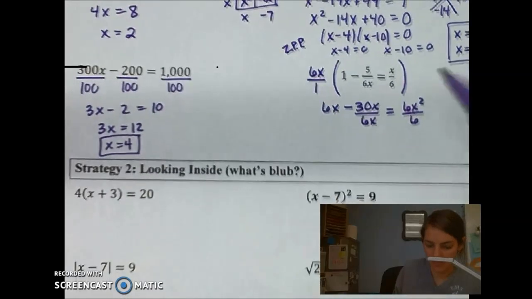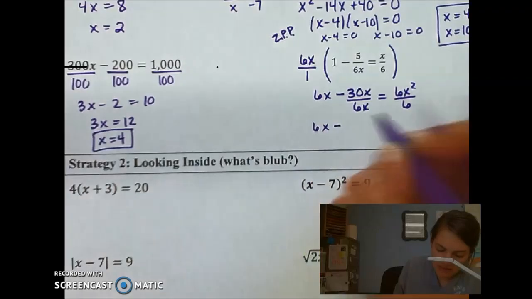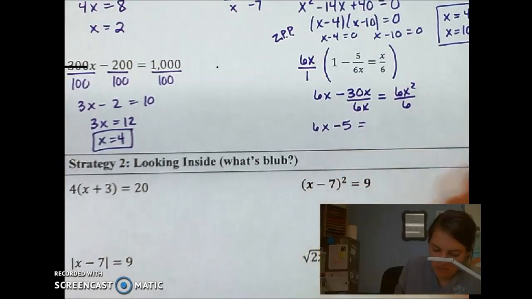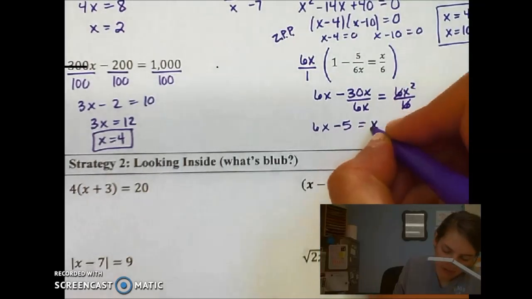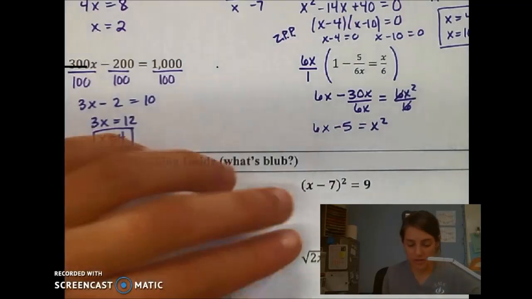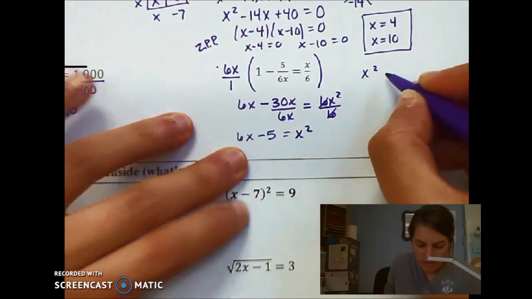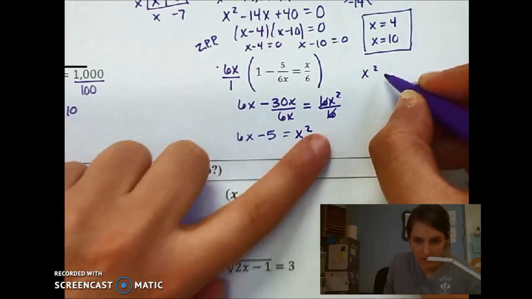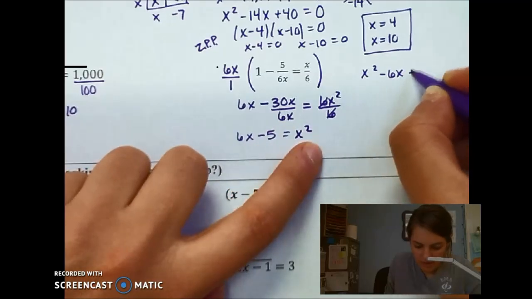Canceling and reducing each term then gives us 6x minus 5 equals x squared, which is another quadratic. So we can try to factor it by rearranging it all. So x squared, I'm going to take the 6x over here and make it negative, and take the negative 5 over and make it positive.